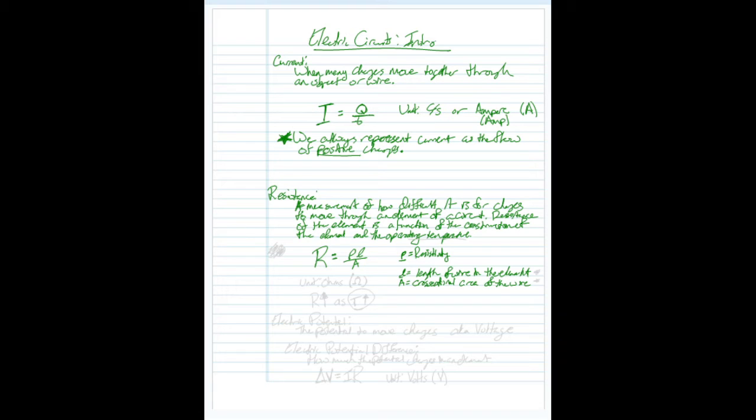So, to give us some analogies, resistivity is just how resistant the material is. L is the length of wire, A is the cross-sectional area. So if we imagine that our current is students moving through a hall, trying to get from point A to point B, if the hall is really long, it's going to take a long time to get there. That hall is relatively resistant to the students moving.